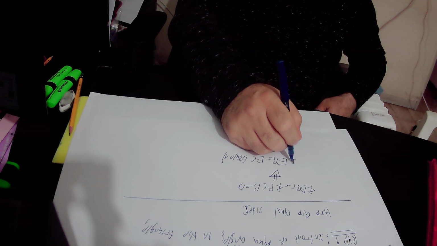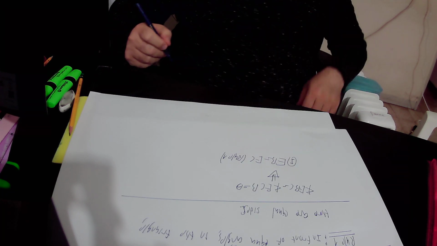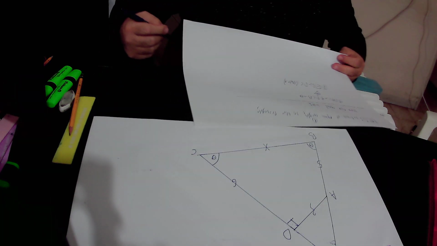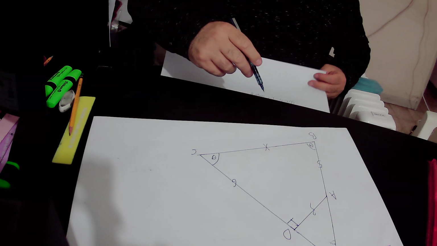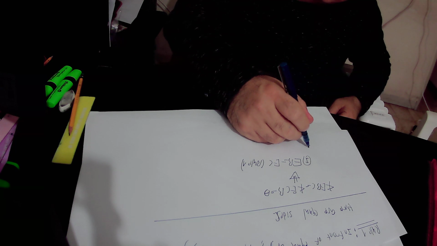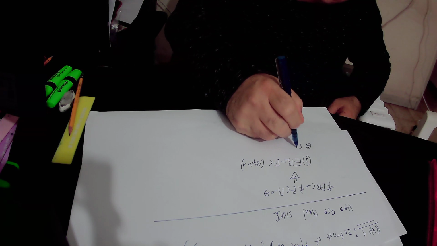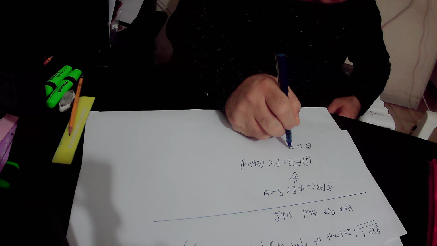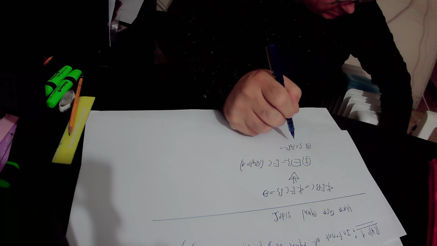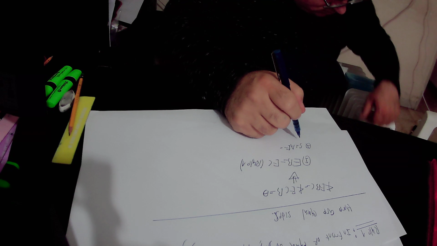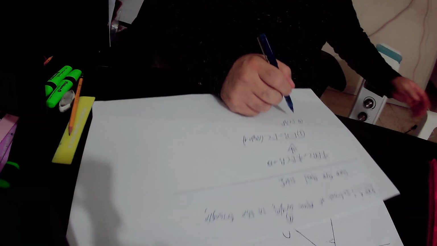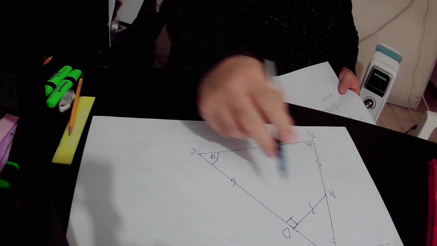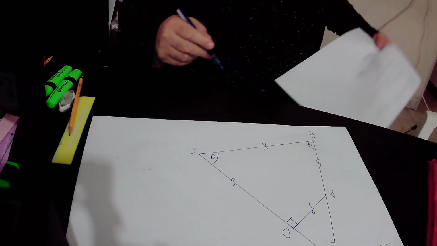This is equation number 1. Side EB equals 5 plus AE, while side EC equals 6 plus ED.